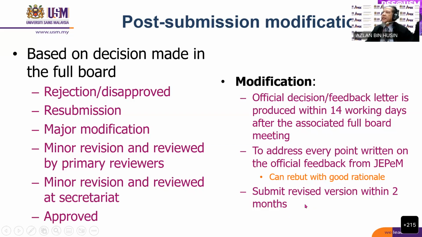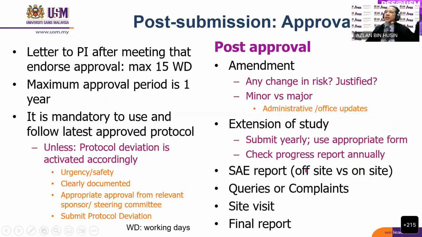More important, you or your student have to address every single point that is highlighted in the feedback. You can always rebut if you do not agree, with a good rationale and reference. Submit the revised version not later than 2 months. If it's more than 2 months, we will consider this a new submission. All right, this is what I said earlier on.